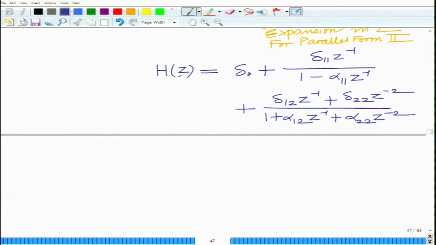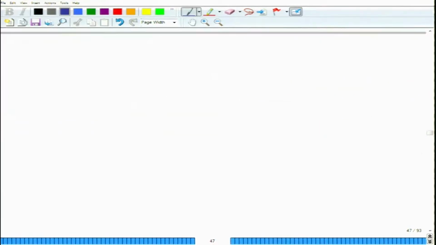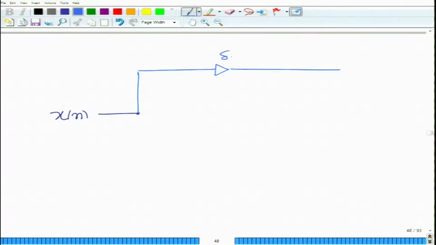Again, the general structure can be given as follows. So, you have your x of n, and you have the top branch, which is simply the gain, once again that is your factor delta naught.